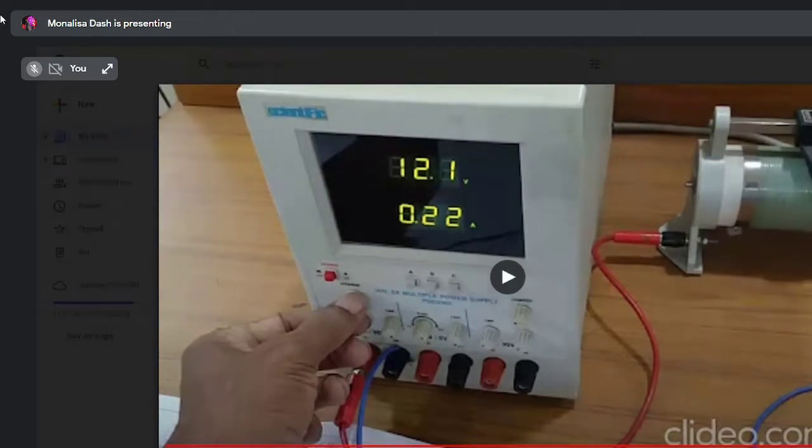so tell me how to determine Thevenin's voltage and Thevenin's resistance. Yes, student. Ma'am, to find Thevenin's voltage first, we have to remove the VL which we are taking.